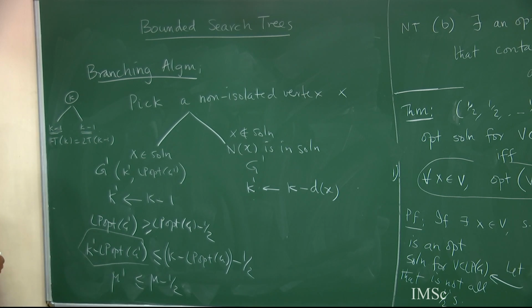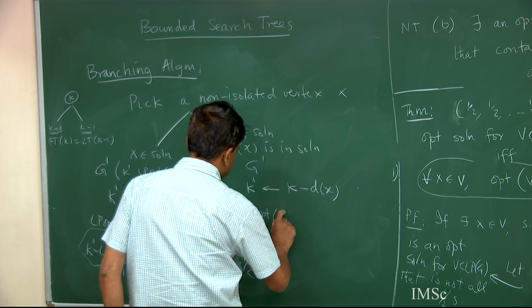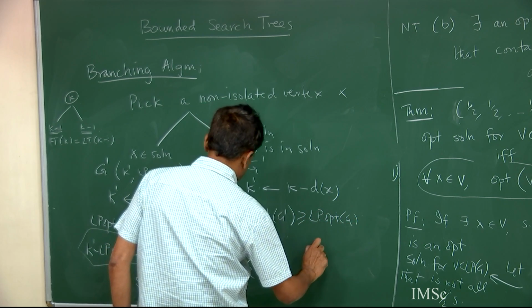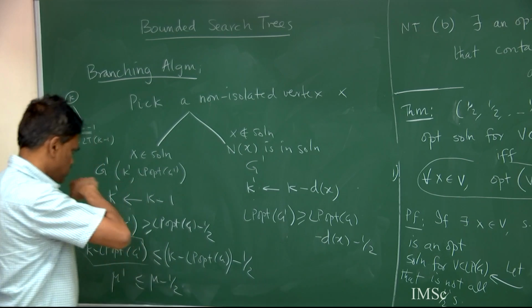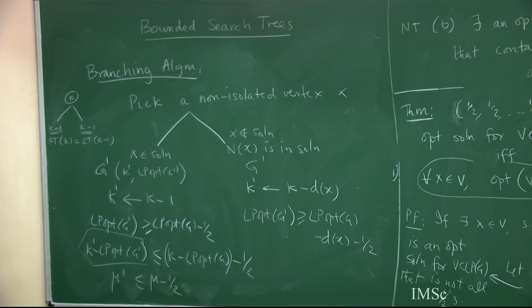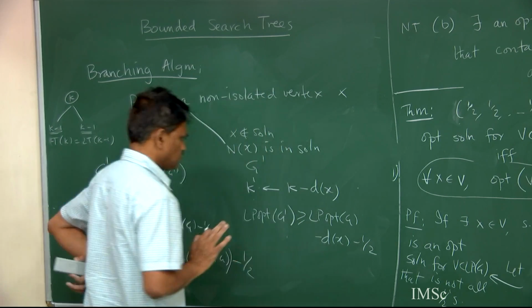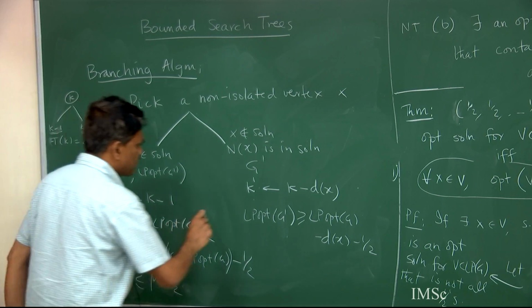Now, I want to prove something like this, that LP opt of G prime is greater than or equal to LP opt of G minus d of x plus half. So this is something we will show.